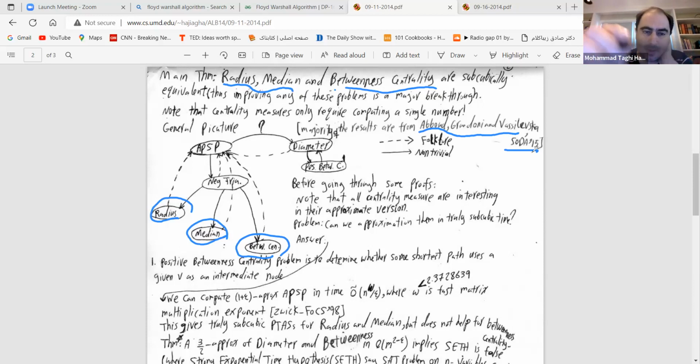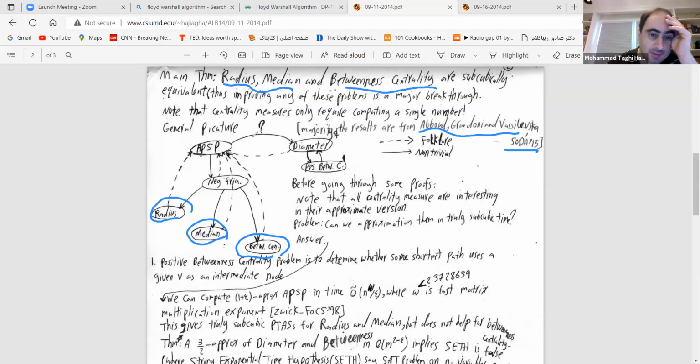So what is this problem? This is the reduction, essentially. Some of them are easy, trivial, and some of them are non-trivial. For example, as I mentioned, using all pair shortest path, you can solve diameter. So that we know. Or here again, if you have all pair shortest path, you can solve radius or median or others.